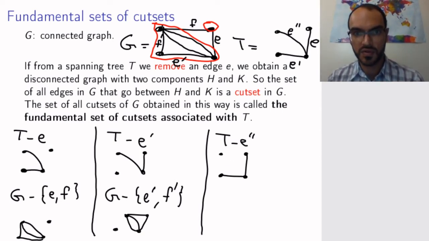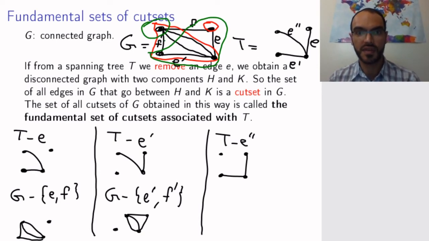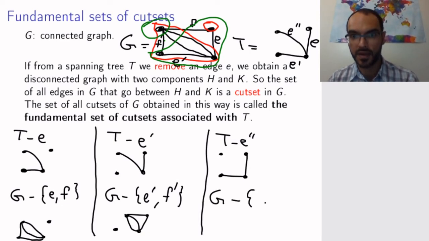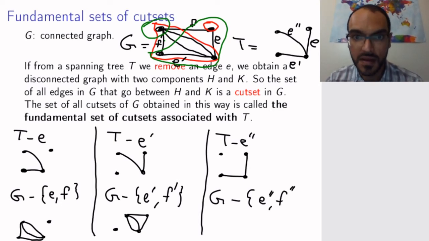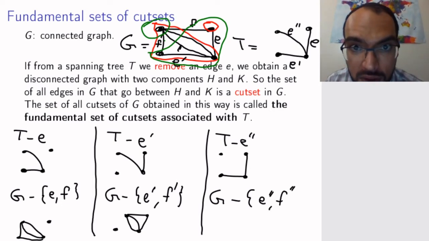And so to separate in the graph G this vertex from the rest of the graph, I have to remove four edges. So I have to remove E bis, but also F bis, which is this one.